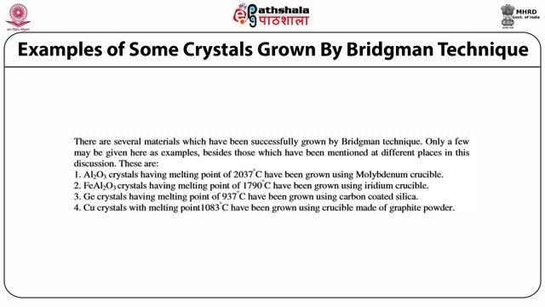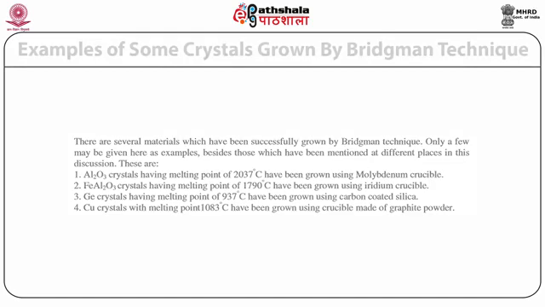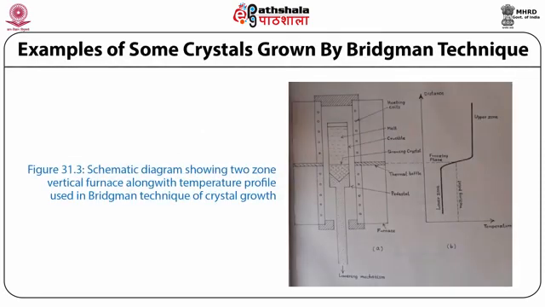Copper crystals with melting point 1083 degrees centigrade have been grown using crucible made of graphite powder. Figure 31.3 is a schematic diagram showing two-zone vertical furnace along with temperature profile used in Bridgman technique of crystal growth.